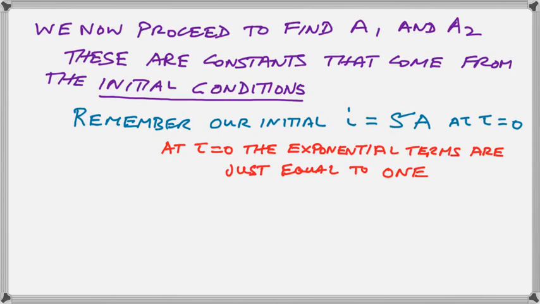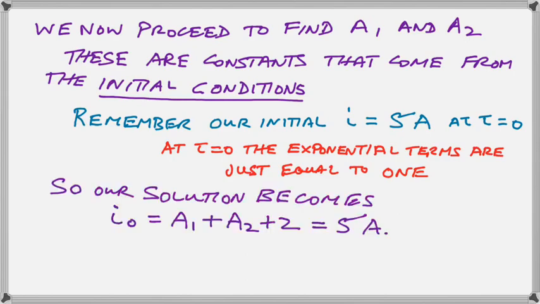So make sure you understand that at t equals 0, those exponentials disappear and we have 1. So when we multiply A1 by 1 and A2 by 1, we just have A1 plus A2 plus 2 must equal 5 amps. So that's one equation that will help us to discover what A1 and A2 actually are.